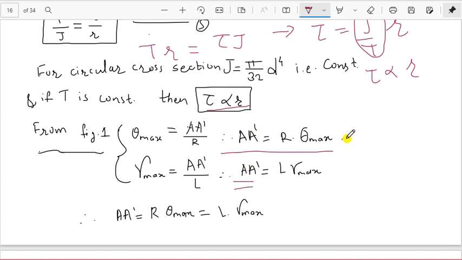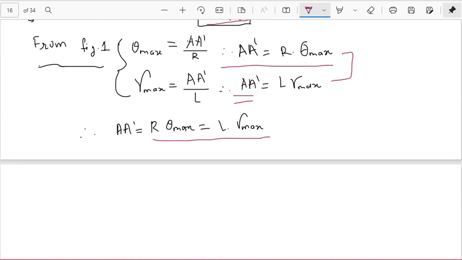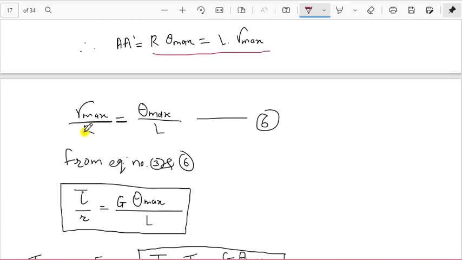So we will compare these two equations and find that gamma max by R can be written as theta max by L, because we want to find a value for this in terms of theta max. So here we have got this relation. We will put this value in the place of gamma max by R in equation 3. What was equation 3?